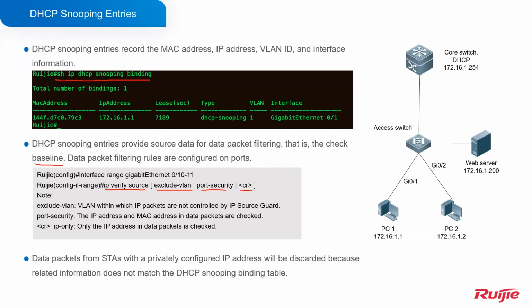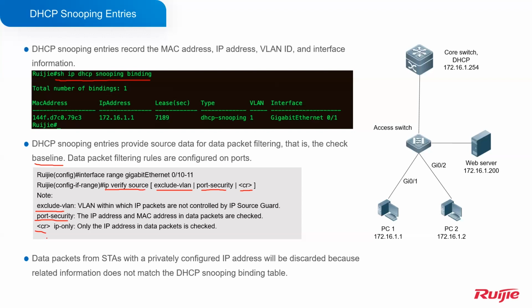Let's see the difference between them. If you set it to exclude VLAN, it means IP packets within that VLAN are not controlled by IP source guard. If you use port security, the IP address and MAC address in data packets are checked. If you just press Enter, it means IP only.